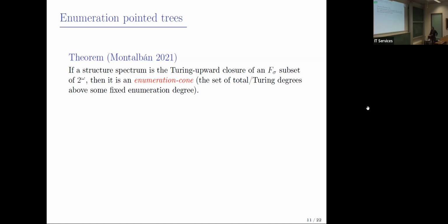This theorem is saying that if a structure spectrum is a Turing upward closure of an F sigma subset of 2 to the omega, then it is an enumeration cone, the set of Turing degrees above some fixed enumeration degree. Well, in this case, you can do better. Basically, the pair X, Y is a closed set in 2 to the omega. The Turing upward closure would be the spectrum, and this is not an enumeration cone, so not possible. And basically, what I think Antonio was doing here was trying to take the technique used to prove something like this, that this is not a structure spectrum, and push it as far as you could.